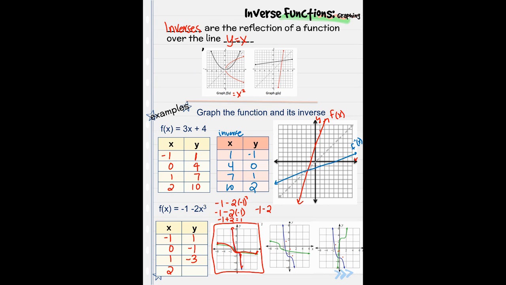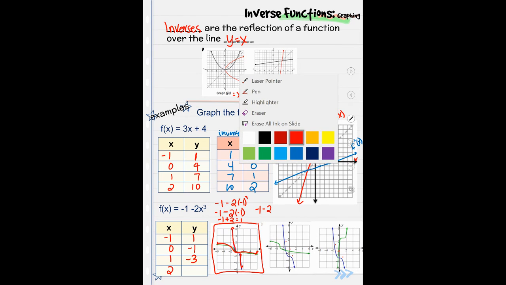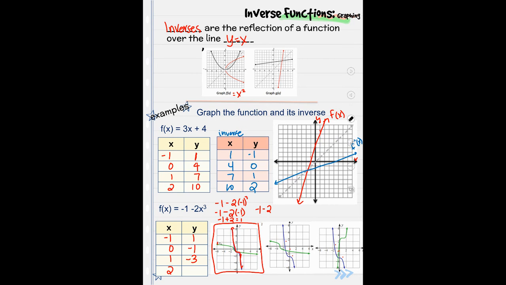But we know we can look at it and verify if this is our answer. By switching our x's and y's, then our x would be 1, -1. Yep, that's on the green. 0, -1. Yep, that's on the green line.